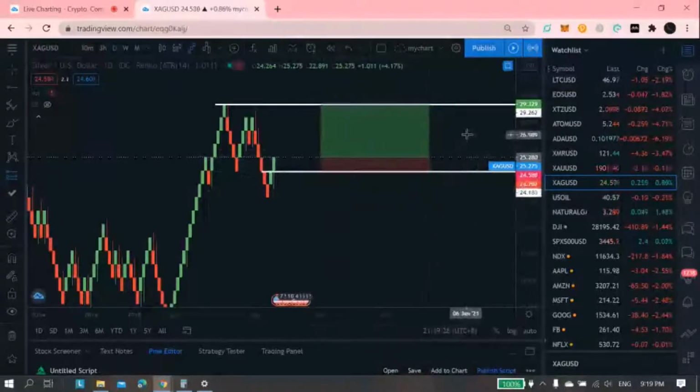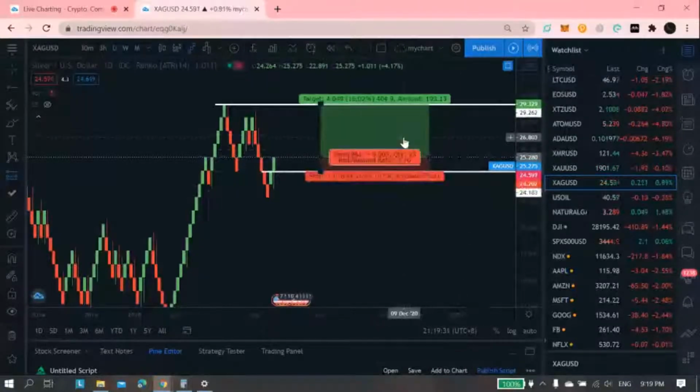So if my TP got hit at 29 area, I could still possibly make a profit at around 16%. And of course, if I got stop out, I will lose around 4.26%. But of course, that is my own trading strategy. So that's silver.